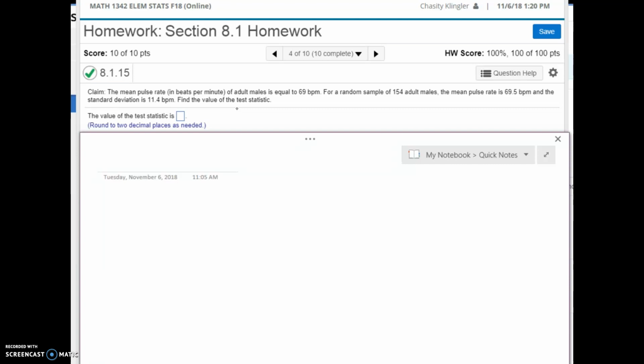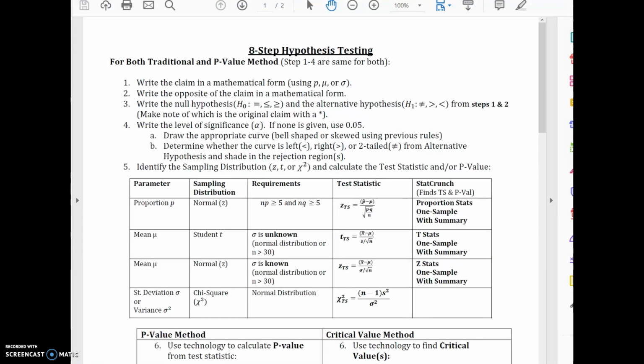So even though this is just asking for the test statistic, I'm still going to go through the first 5 steps of the hypothesis test, mostly because you're going to need all of that later on and it'll get you familiar with it. So make sure you're familiar with these steps.